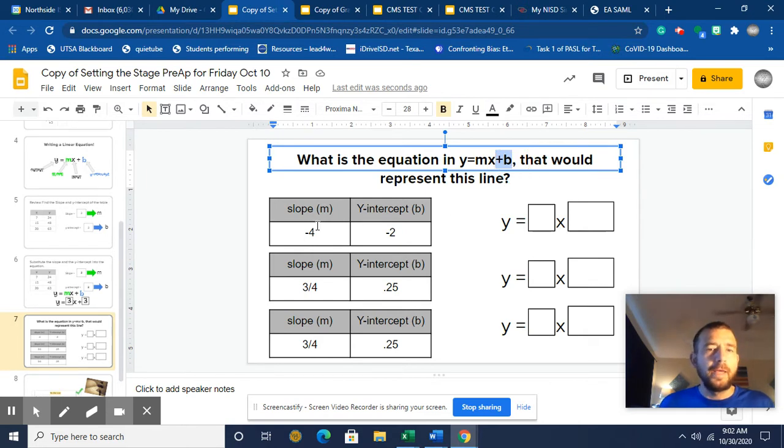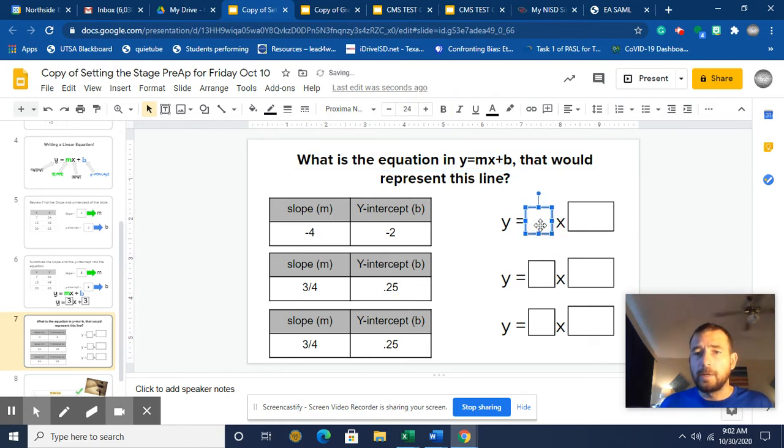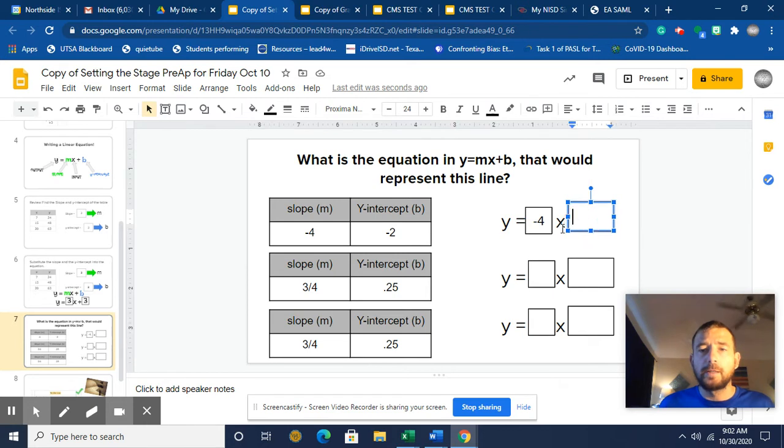So if I had a slope of -4 and a y-intercept of -2, well, slope goes with x, it's the m, so I'm going to type it in as the coefficient of x. Now you notice here I don't have that plus b part, because my y-intercept is -2. Now you could write it like this, plus -2.